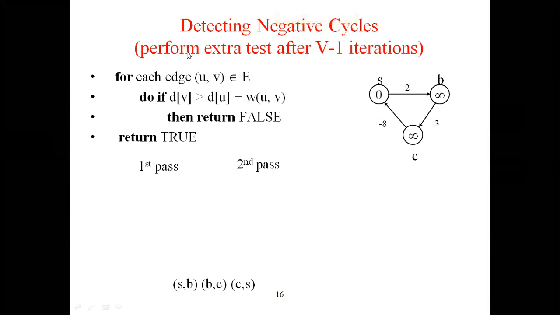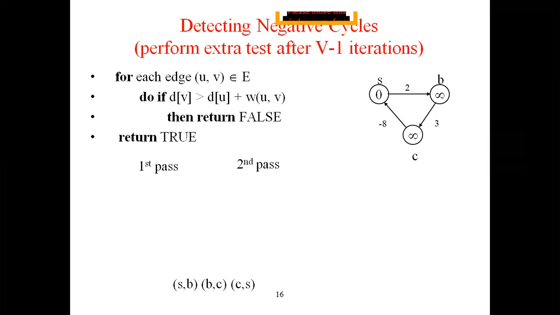After V minus 1 iterations, if we conduct another extra repetition of this algorithm on the graph, then we can easily find the negative cycle in the graph.